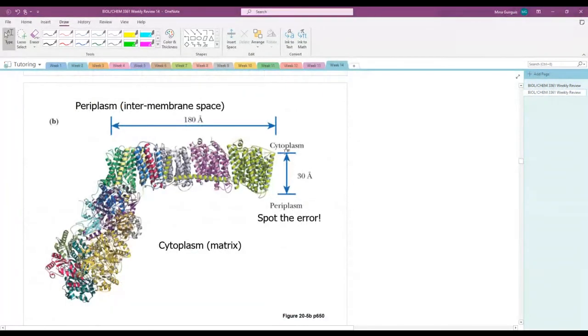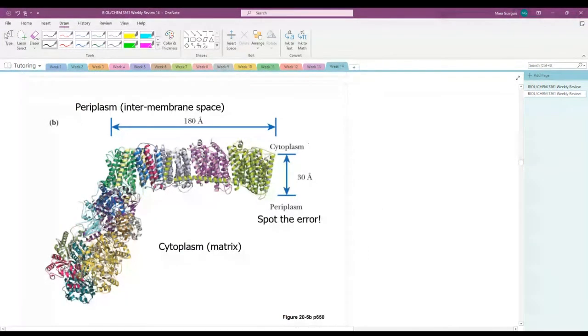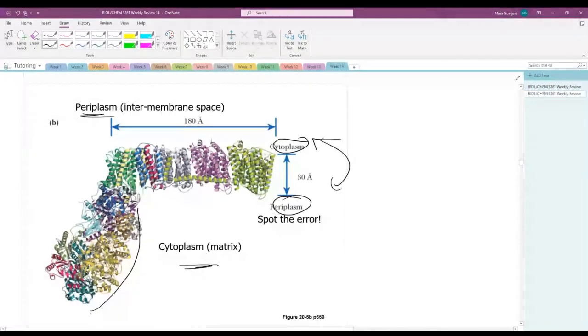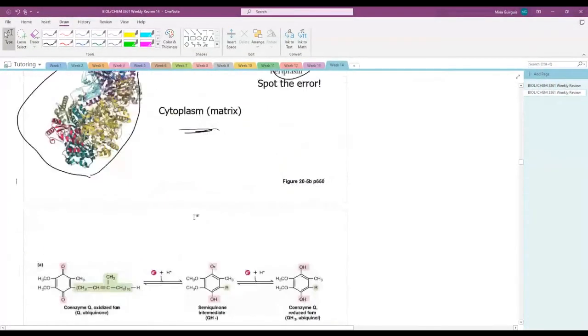And the paraplasm. So what's the error? It's right here. This is the cytoplasm. This is the intermembrane space. These two need to be flipped, okay? Because complex 1, this globular region, is in the cytoplasm.